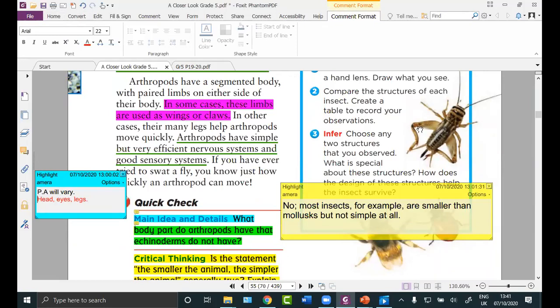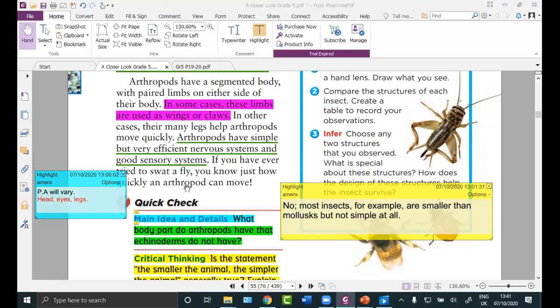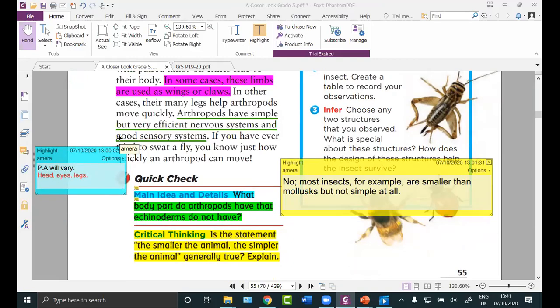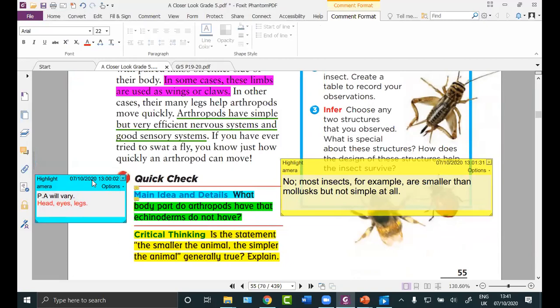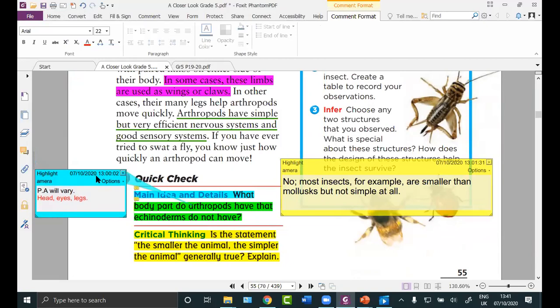Arthropods have a simple, very efficient nervous system and a good sensory system. If you have ever tried to swat a fly, you know just how quickly an arthropod can move.